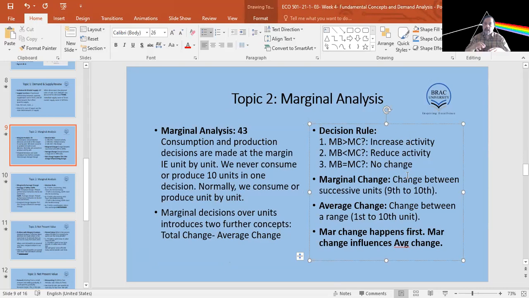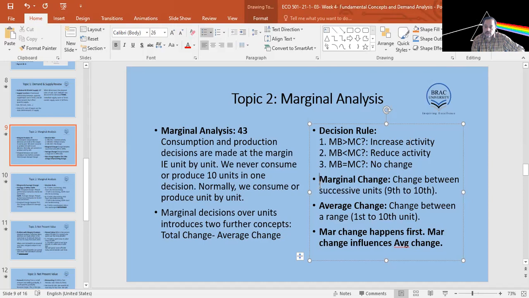If additional benefit and additional cost are the same, then we are indifferent. We neither increase nor decrease. This we defined in the last class as a situation of equilibrium, where no further change is required.